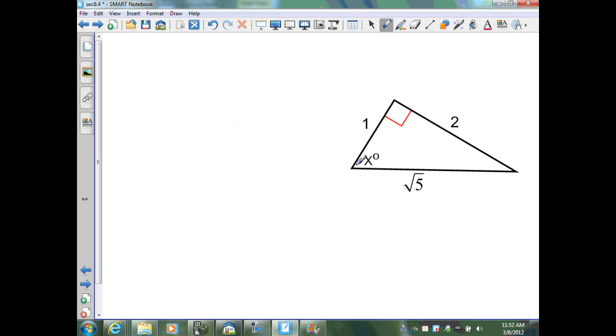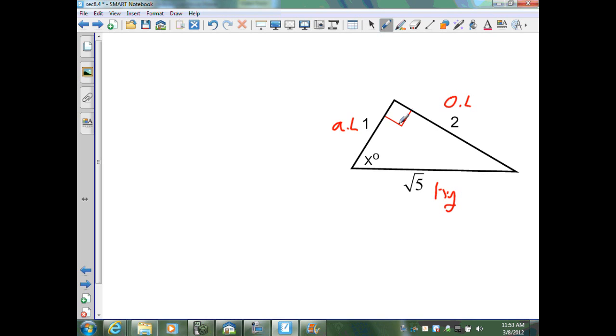Our next example, I'm given x as a degree for my acute angle. I identify the parts of the triangle based on that acute angle. Here, 1 is going to be my adjacent leg, 2 is my opposite leg, and the square root of 5 is my hypotenuse because it is opposite my right angle.